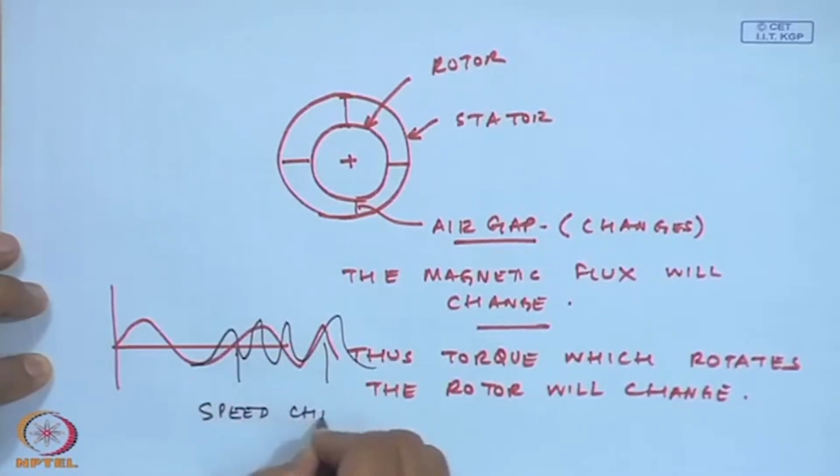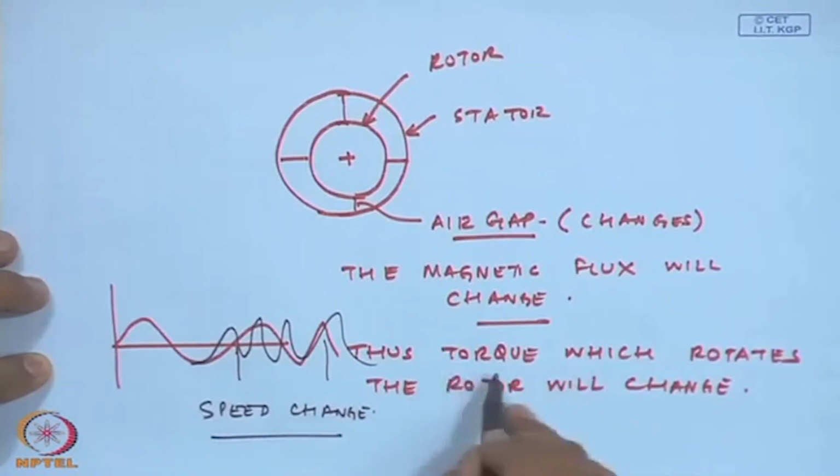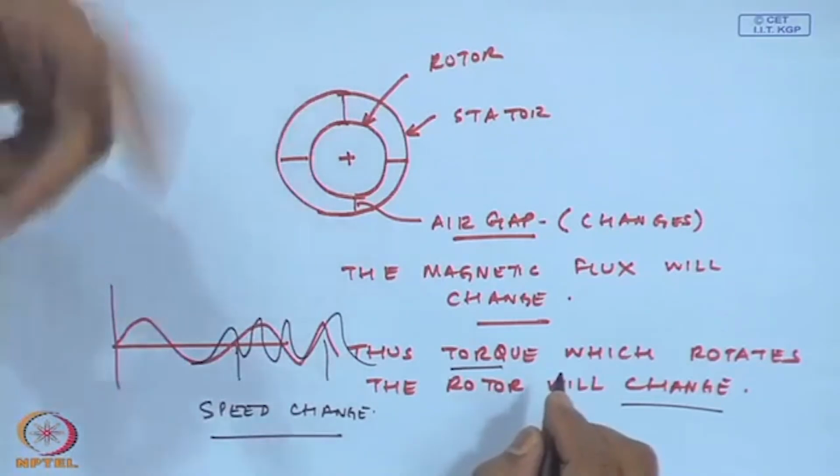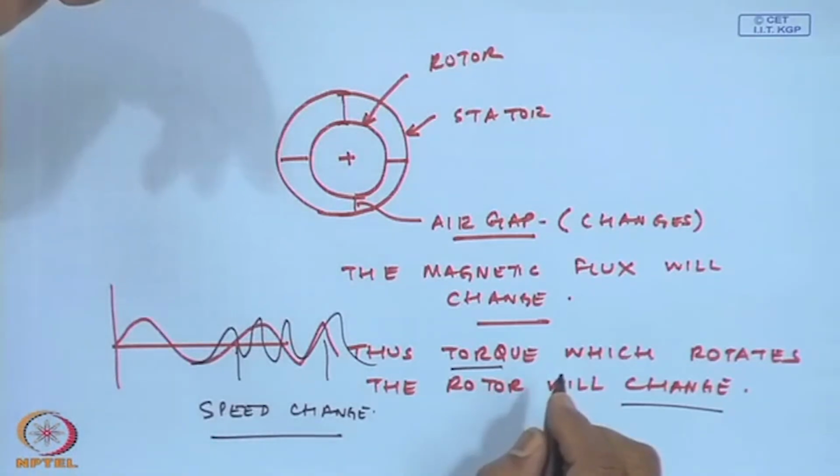And torque changes means your forcing function is no longer steady. Forcing function is changing, the dynamics is going to change. Okay. And over the period, if this goes unnoticed, this is going to be a fatigue load on the machine.